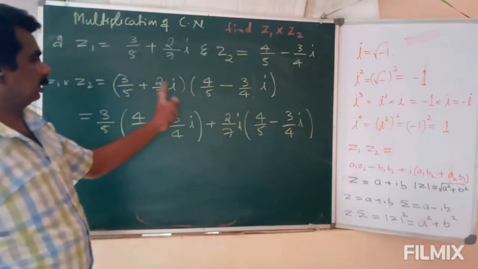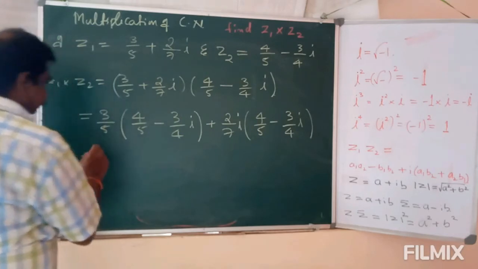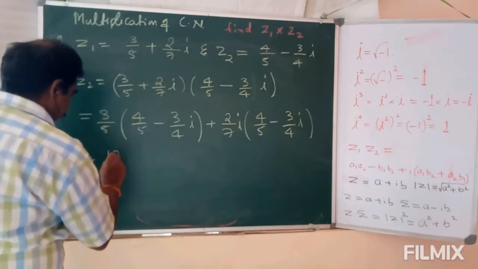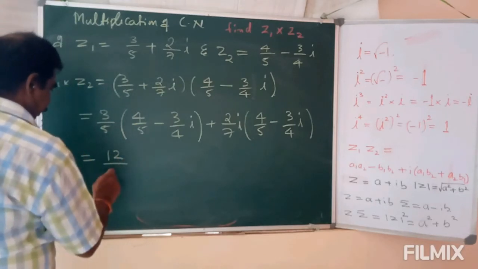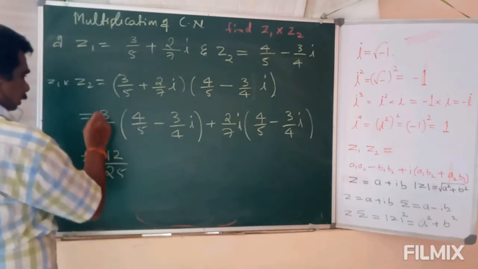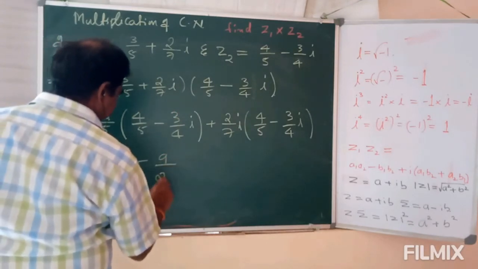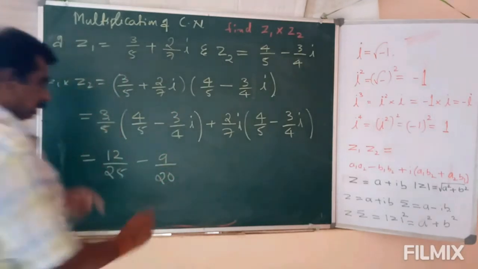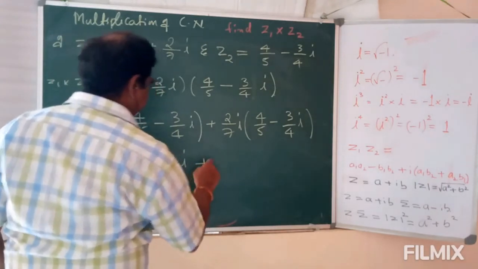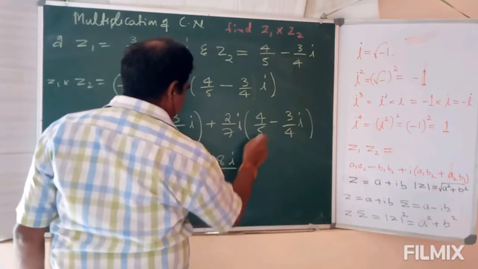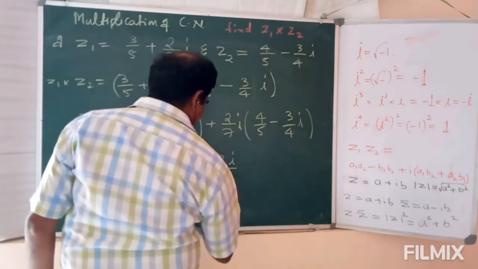Now 3 into 4 is 12 by 25. Minus 3 into 3 is 9 by 20i, plus 2 into 4 is 8i by 35.